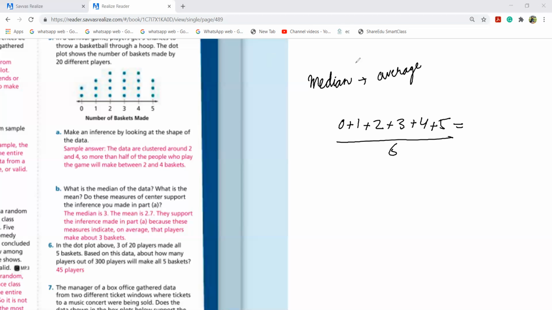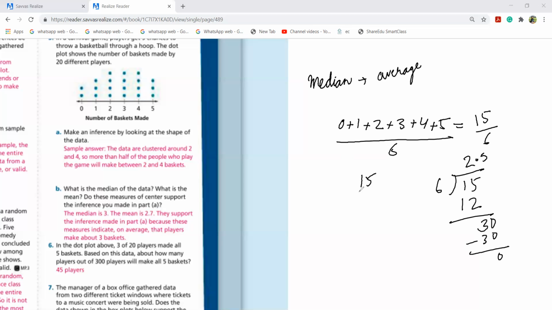Okay, 14 over 6. Check again: 5, 6, 7, 9, 10, 11, 12, 13, 14. 15 or 14? I think 15, if I'm not wrong. Let's just divide. Oh yeah, it's 15. If I divide by 5, it's almost like 3, right?